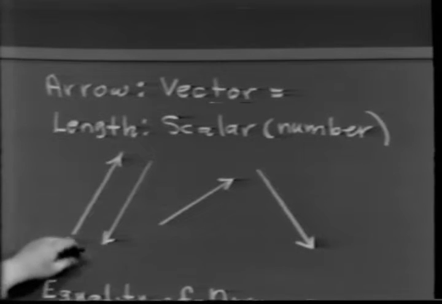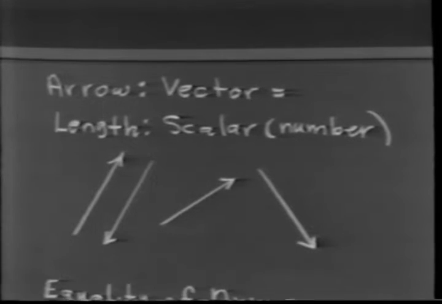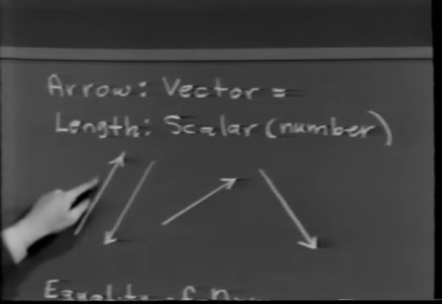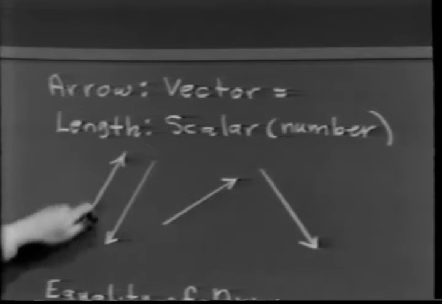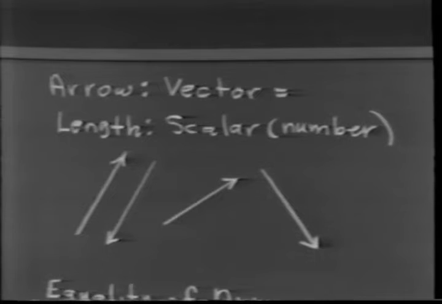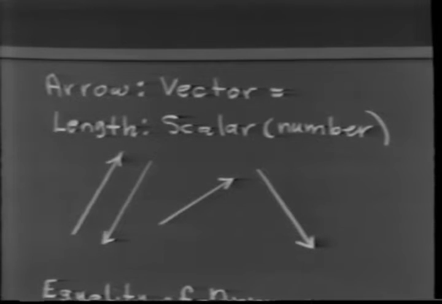Here's a collection of things which are arrows. They're line segments in a given direction, and the arrowhead indicates a particular sense. Notice, by the way, that the concept of a vector does not depend on an arrow any more than the concept of a number depends on a length. The arrow is simply a convenient geometric representation for visualizing the vector.